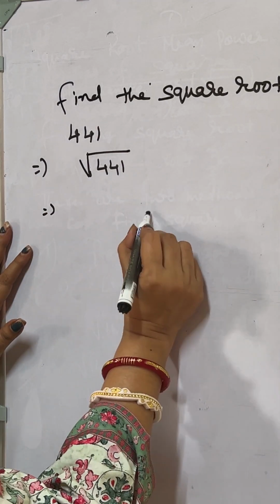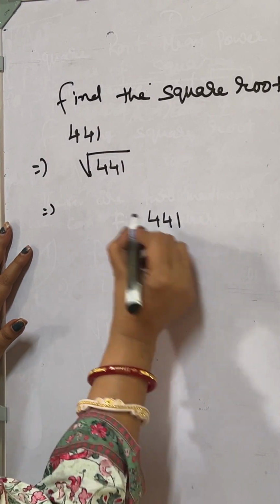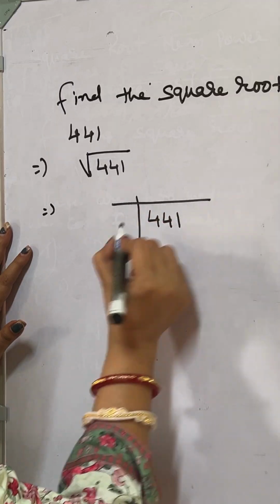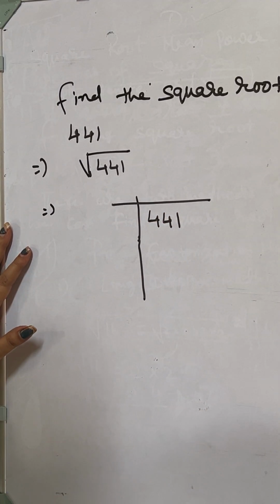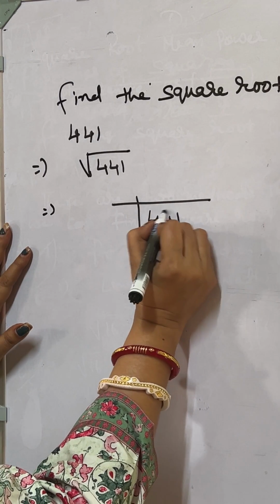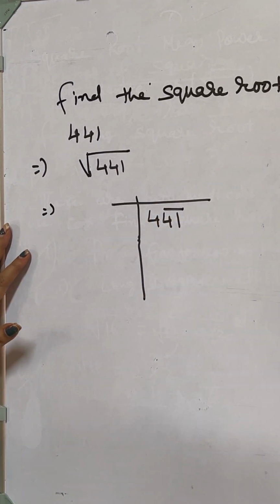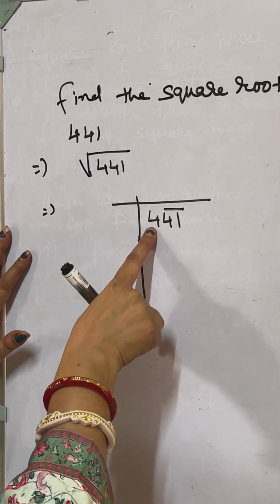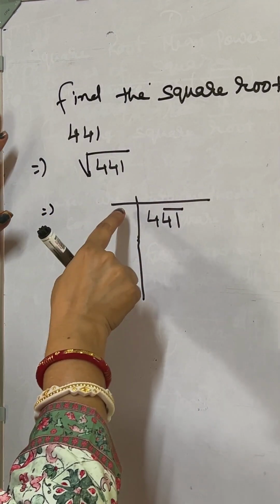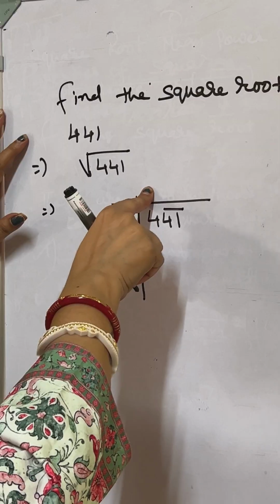Look here, 441, finding by the division method. So what we will do? We will pair it from the back side. So this 4 becomes one pair. Now first of all, we will try to divide this one. Whatever number we place here, the same number we have to put here also.